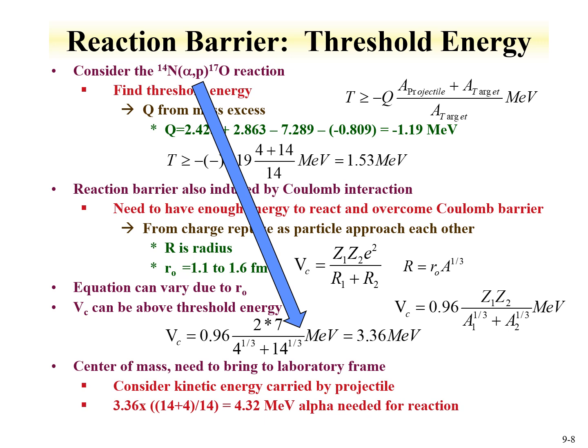This is a center of mass equation, and we need to convert this into a laboratory frame, so we multiply the terms by the ratio of the target projectile divided by the target, and we see that what's needed in the laboratory is an alpha particle with an energy of about 4.3 MeV for this reaction to occur, which is what Rutherford was able to see.